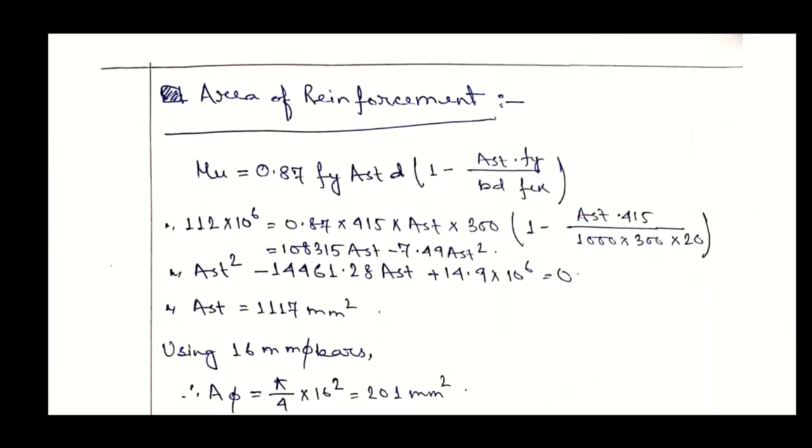So to find out the reinforcement, Ast, area of reinforcement, we should use the formula from Annex G of IS 456-2000. Mu is equals to 0.87 fy Ast into d within bracket 1 minus Ast into fy by b d fck.